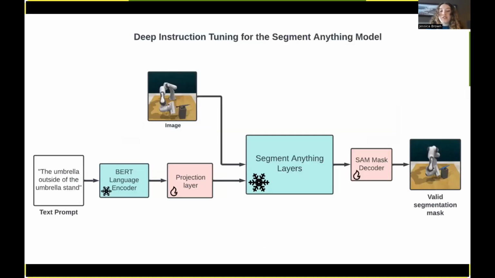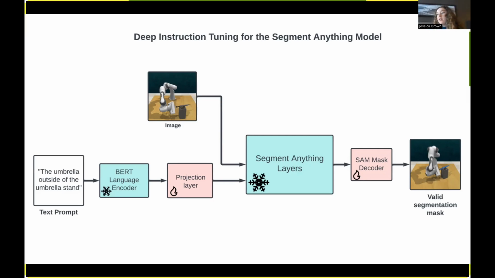This is the deep instruction tuning model architecture. The language encoder and the Segment Anything layers are frozen. This is because fine-tuning a segmentation foundation model directly is extremely computationally expensive, and most people do not have access to the kind of compute resources that are required to do that. That's one of the other reasons why our method is very useful. You can't just take foundation model weights and fine-tune them directly.